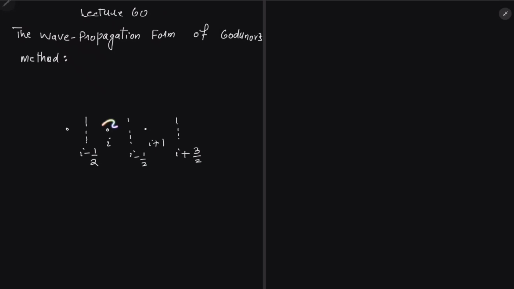Everything enters into this finite volume from the cell face over here, which should be i plus 1/2.